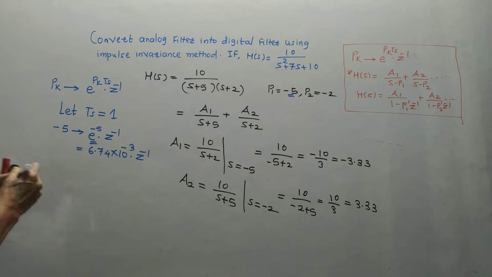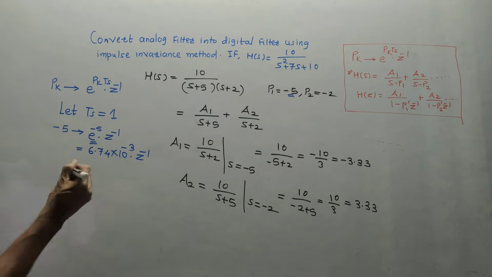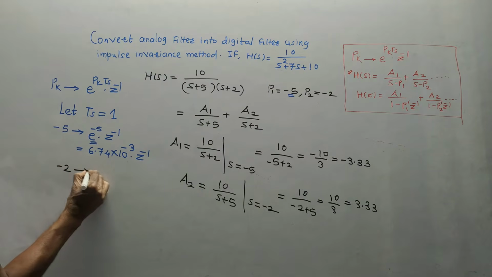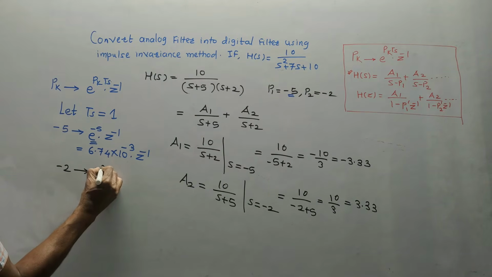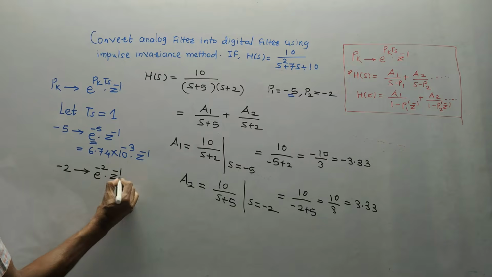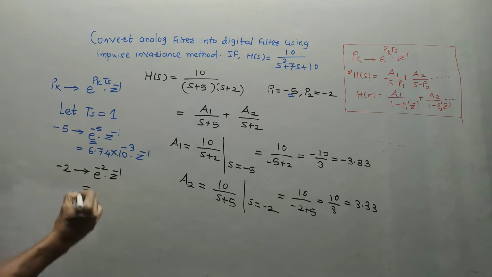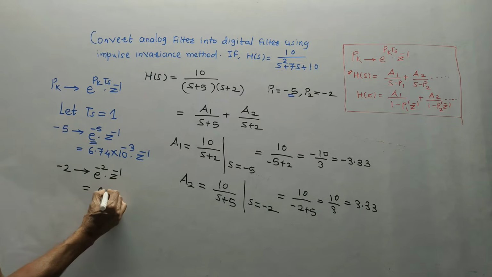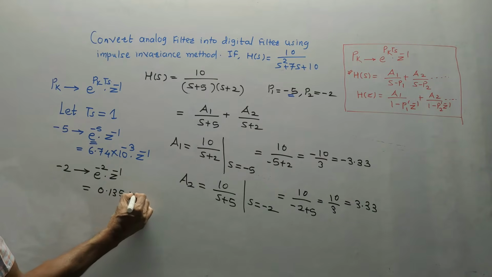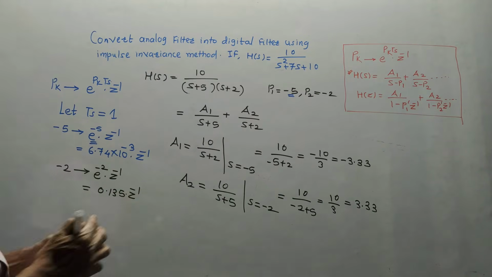Same way, I need to transform the second pole, that is minus 2, using the same technique. It is e raised to minus 2 into z raised to minus 1. The value of e raised to minus 2 is 0.135 into z raised to minus 1.